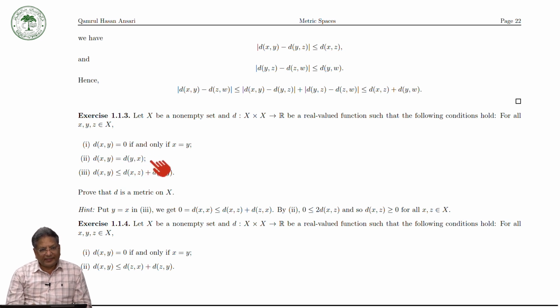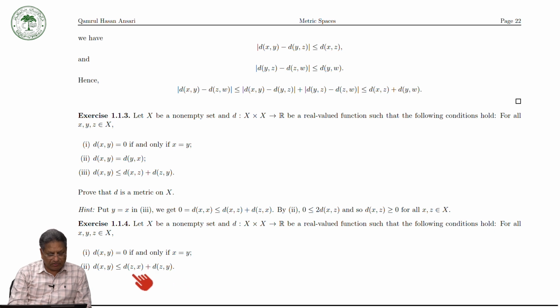Now, instead of this, let us take a little bit more. If X is any non-empty set, and d is a real valued function defined in this way, that dxy is equal to 0 if and only if x is equal to y. And now in the third, the triangular inequality, we have it like this: dxy is less than or equal to dzx plus dzy.